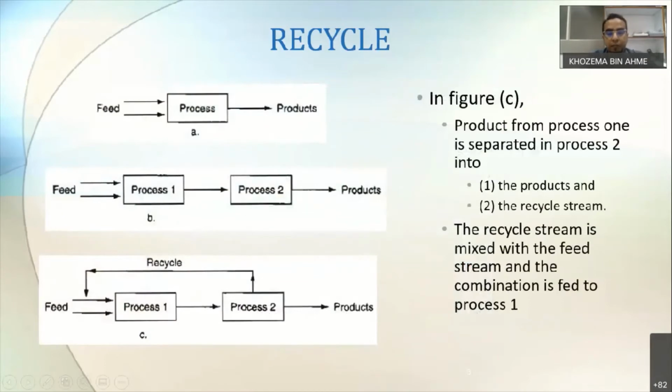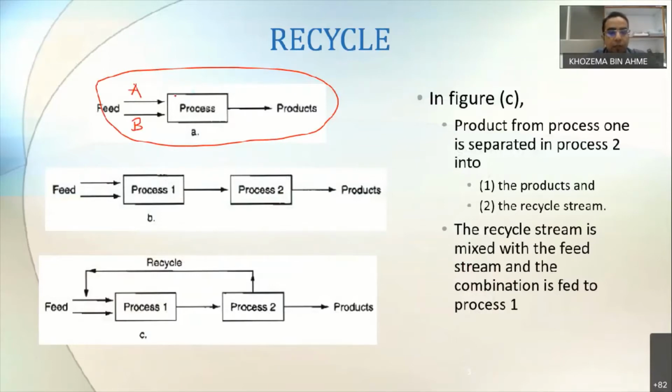So that is why we see there is a lot of recycle happening in our natural environment. But for us, in our chemical processes, let's say this is your normal process where you have two feeds. Let's say this is your A, this is your B. They will go into a process. It can be a mixing process, a drying process, or a reaction. It doesn't matter. It's just a process, and after that you'll form some products. So far we have looked at this, and this is what we call a single unit process.